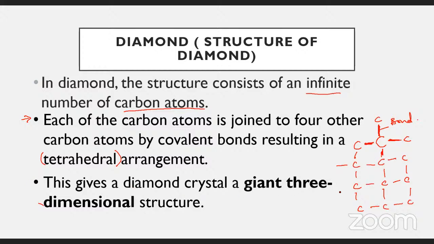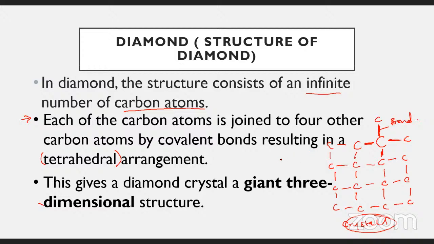Then, lastly, this gives diamond a crystal. So as it joins with 4 other carbon atoms, we form what we call a crystal. That is after joining several times. We shall cover most of these things when we go to the structures. That's when we have all the details.